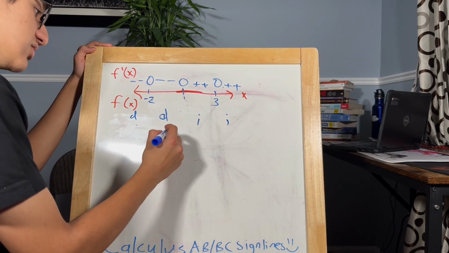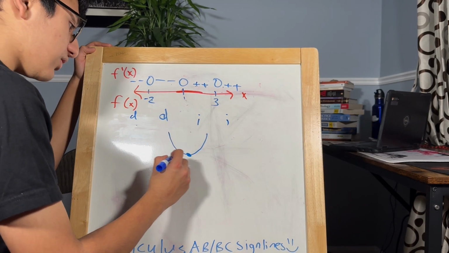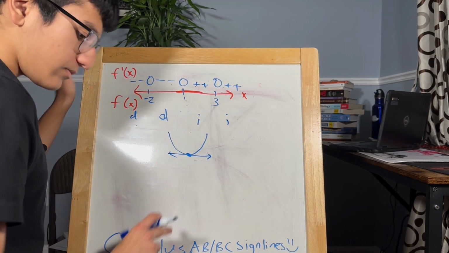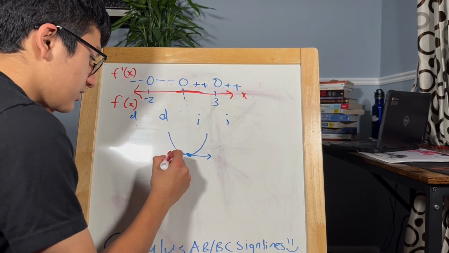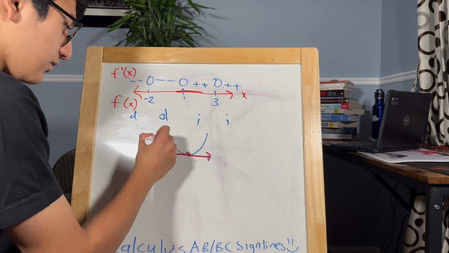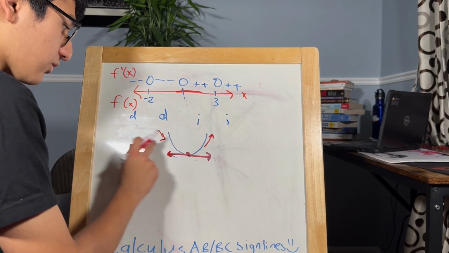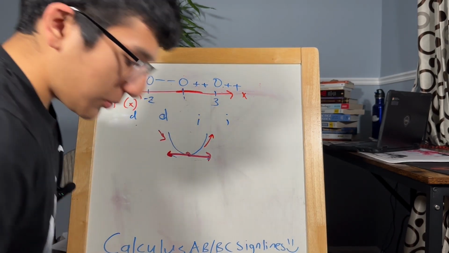So this is the critical point because the derivative is 0, and the derivatives are negative and positive. So that's what a relative extrema is.